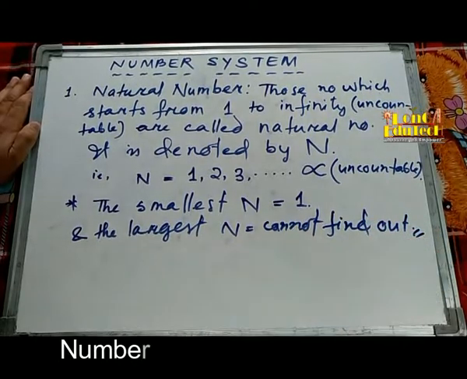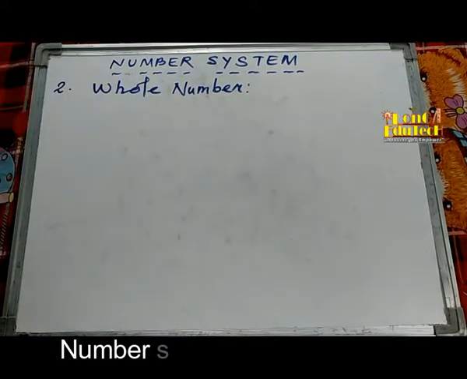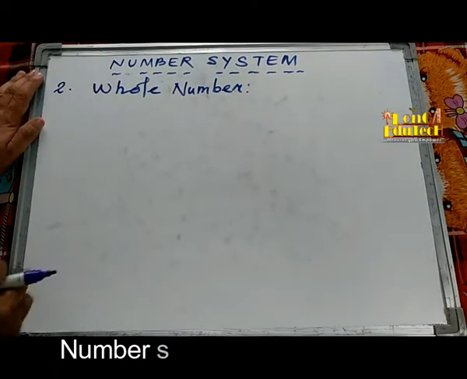So these points we have to know. This is all about the natural numbers, and its relationships with the other numbers will come in the next topic. Okay, and next it comes to the whole numbers.